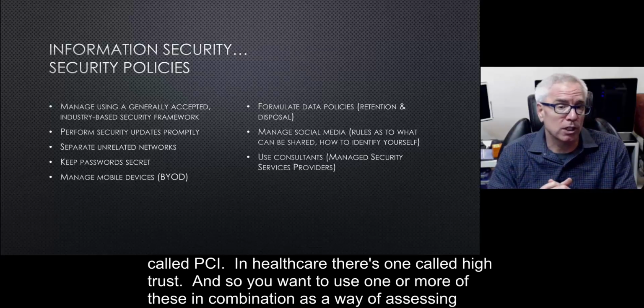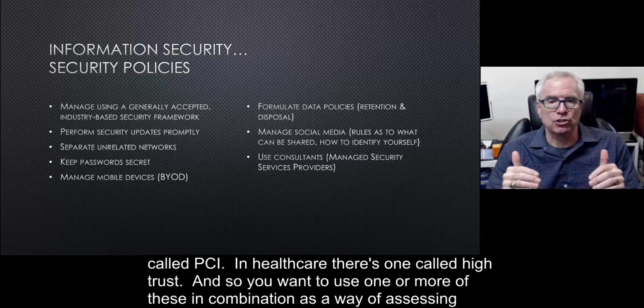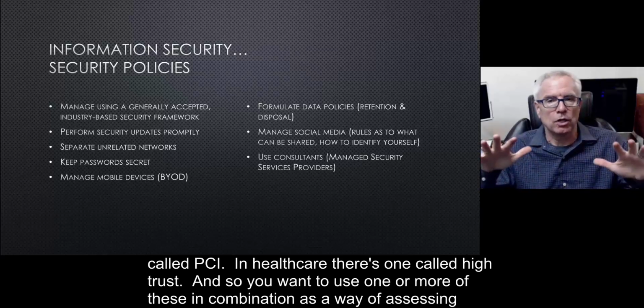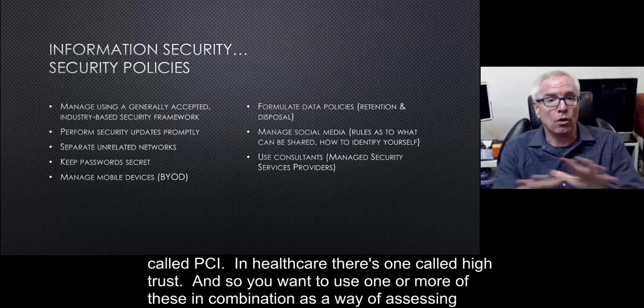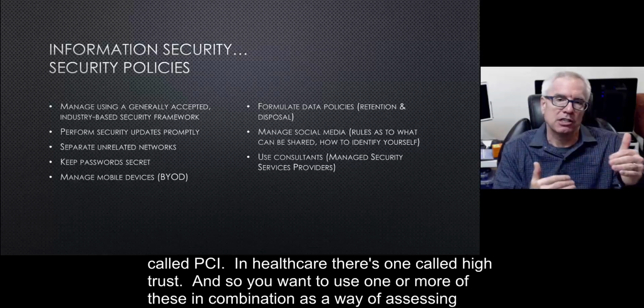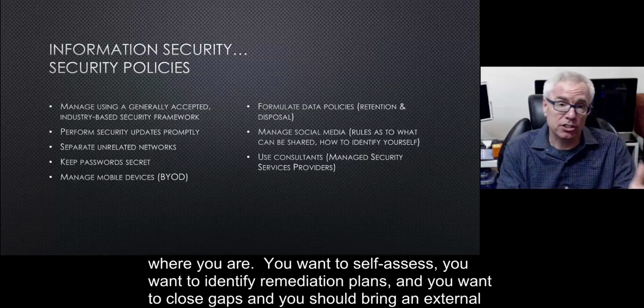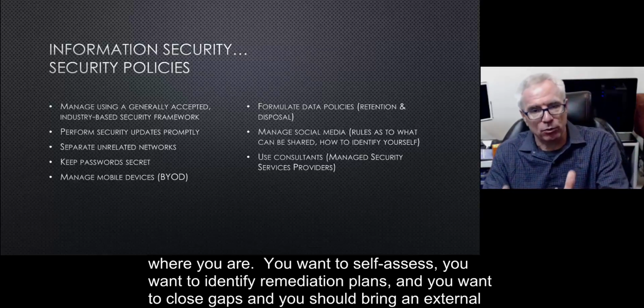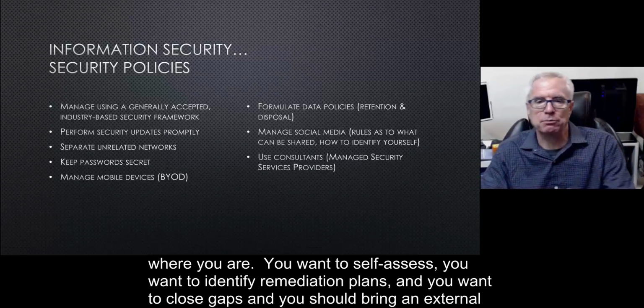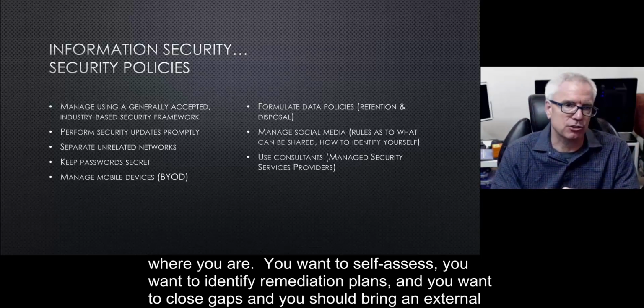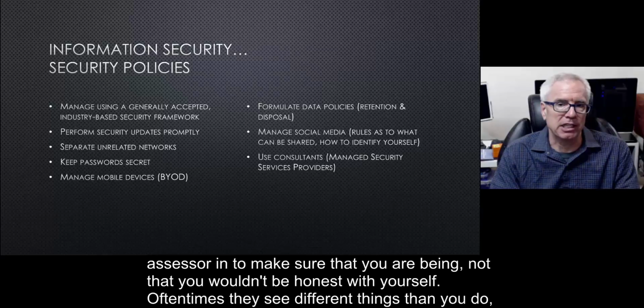In healthcare, there's one called HITRUST. And so you want to use one or more of these in combination as a way of assessing where you are. You want to self-assess, you want to identify remediation plans, and you want to close gaps, and you should bring an external assessor in to make sure that you are being honest, not that you wouldn't be honest with yourself.